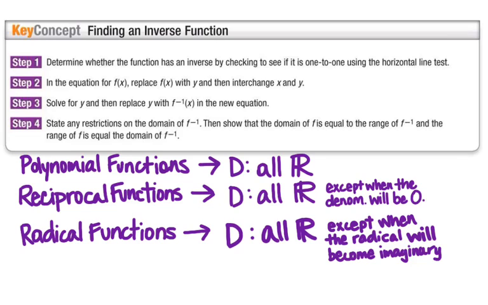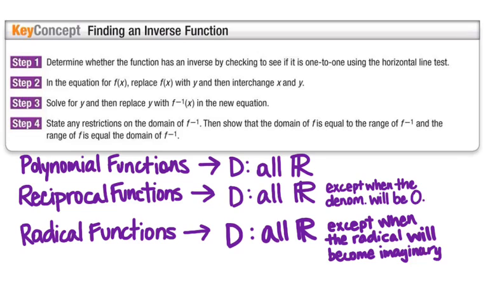But when you have a reciprocal function or a radical function, that's when we have some exceptions. So for a reciprocal function, like 1 over x, it's going to be all real numbers except whatever will make the denominator equal to 0. So you set the denominator equal to 0 and solve for x. That will give you the values where it is undefined.